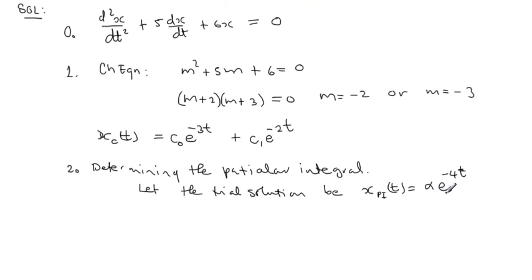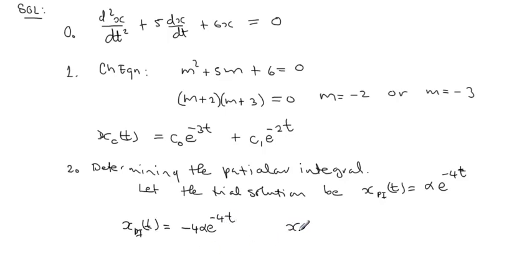So having this as our solution, we then determine the first derivative x_pi prime of t equals minus 4 alpha e to the power minus 4t.